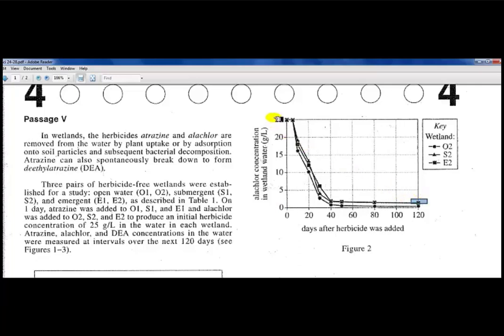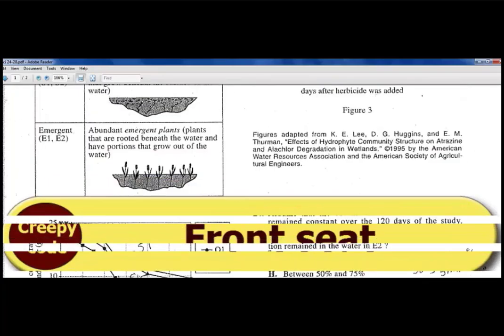So here is the original concentration of 25 grams per liter. And now we have 1 gram per liter. So 1 over 25 gives you 1/25, which is less than 20%.